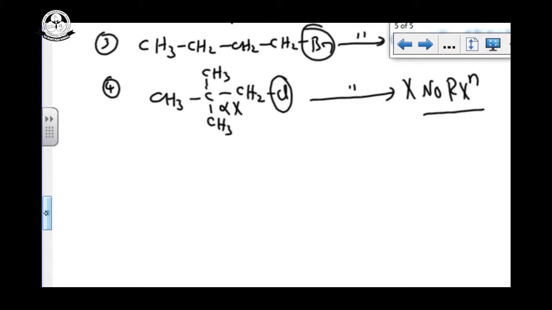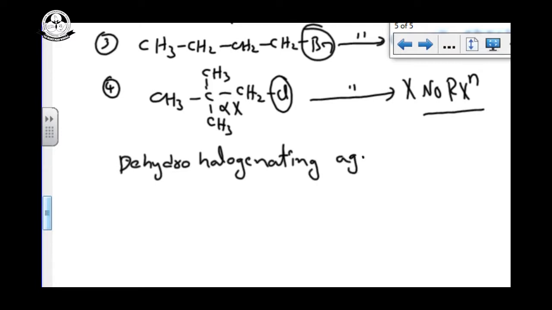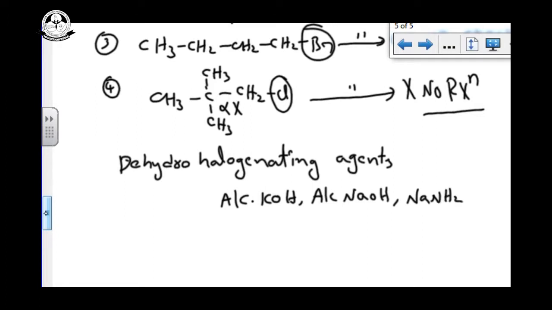See the dehydrating agents. Like previously we wrote dehydrating agents, now the dehydrohalogenating agents are alcoholic potash, KOH, or alcoholic NaOH, alcoholic potash or alcoholic caustic soda, NaNH2 (sodium amide), C2H5OH, or C2H5ONa.